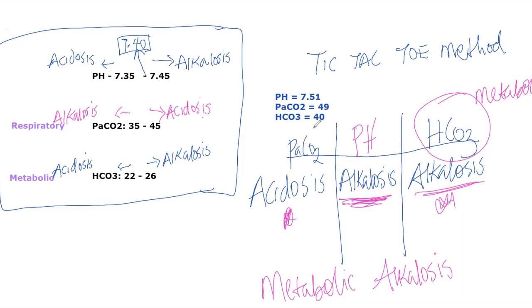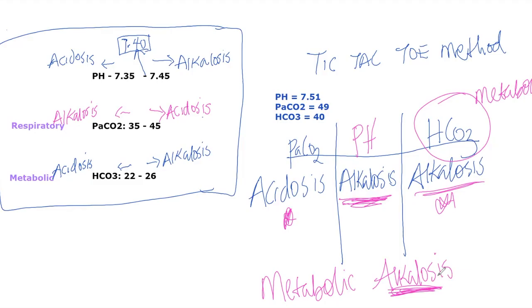My PaCO2 over here is trying to compensate. It's saying that, hey, we have a problem, because that's what your ABG literally is. They are always trying to compensate. Right now the body is extremely basic. Alkalosis is going on, so this patient is probably vomiting, or they have some nasal tube suctioning going on, so they are losing a lot of acid.